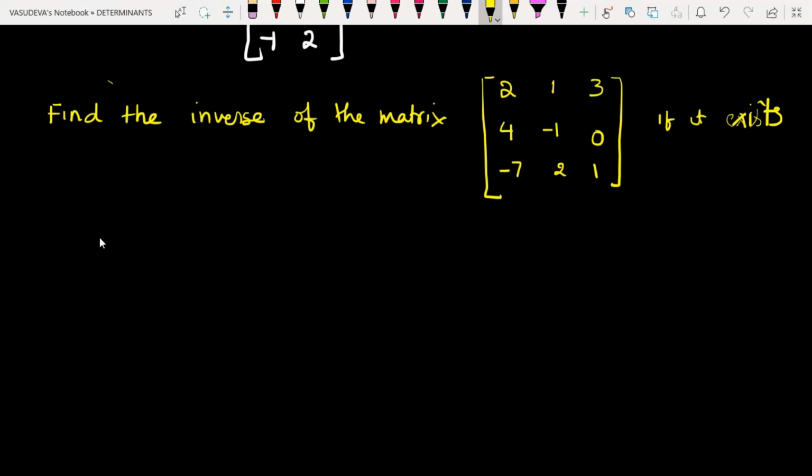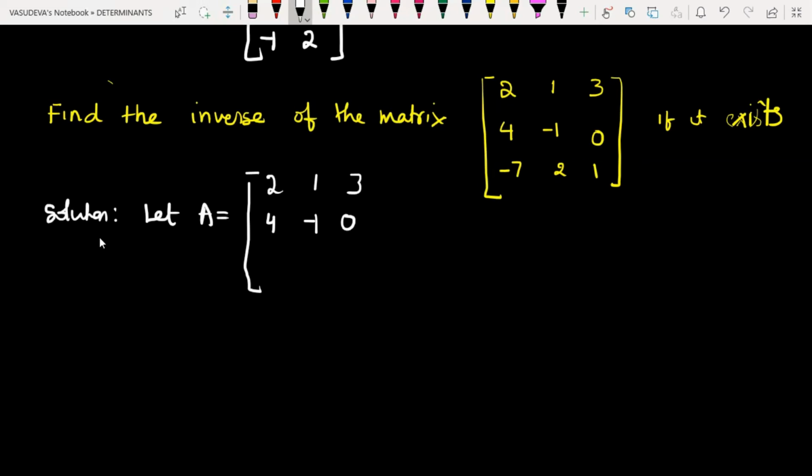Now to find the inverse of the matrix, let A equal the matrix [2 1 3; 4 -1 0; -7 2 1]. If it exists, now we need to find out whether this matrix is singular or non-singular.